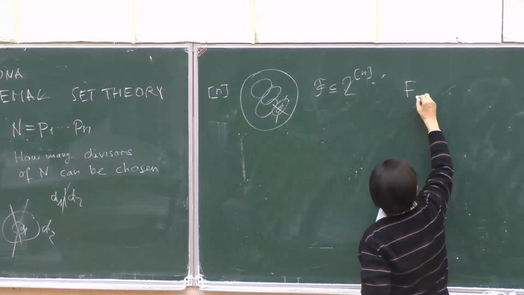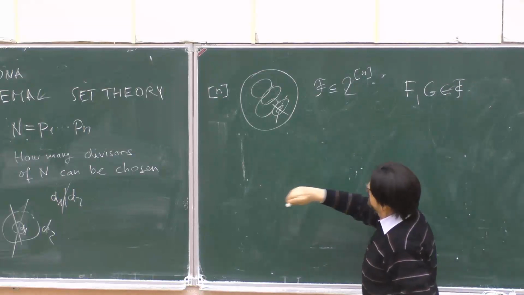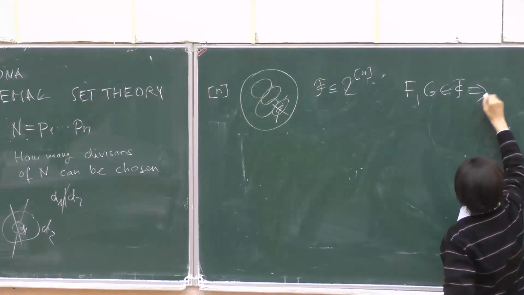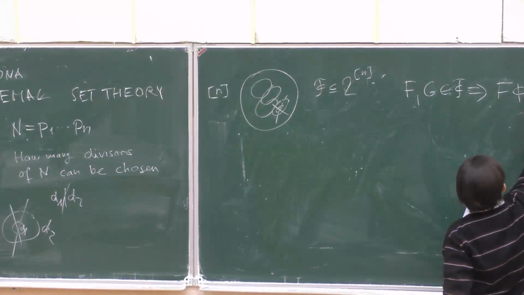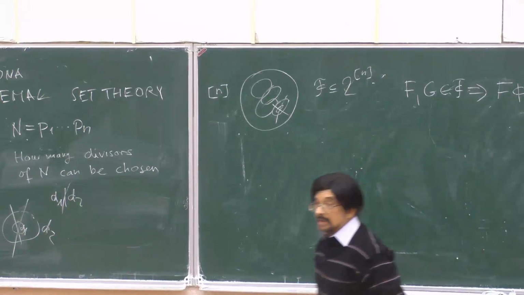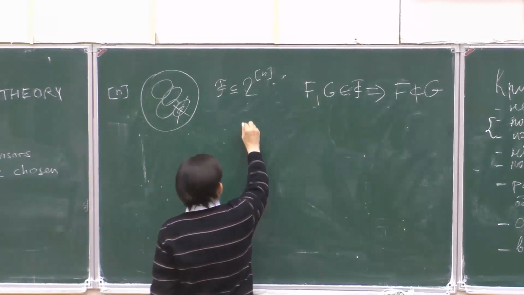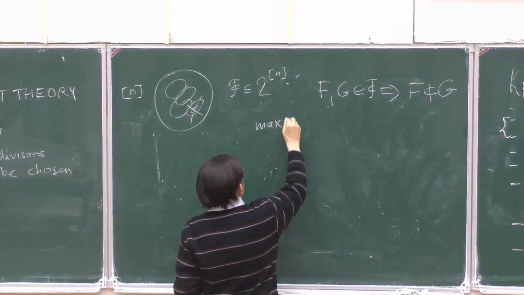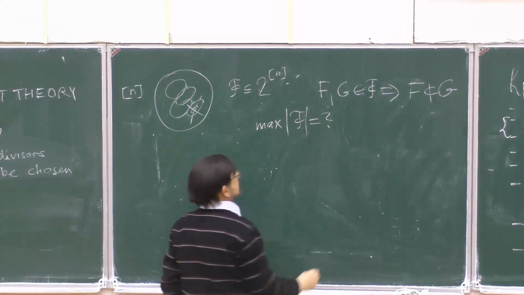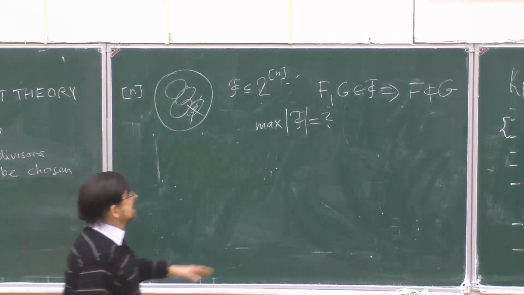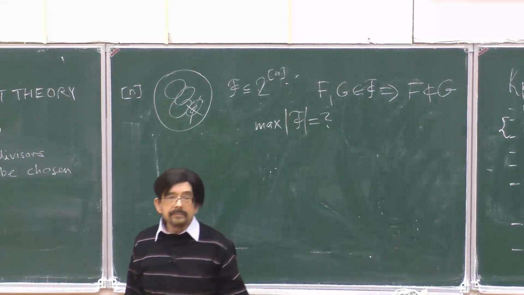So we say that if F and G are members of this family, then F is not a subset of G. And the question is, to make it more precise, the maximum size under this condition. So n is given and this condition.